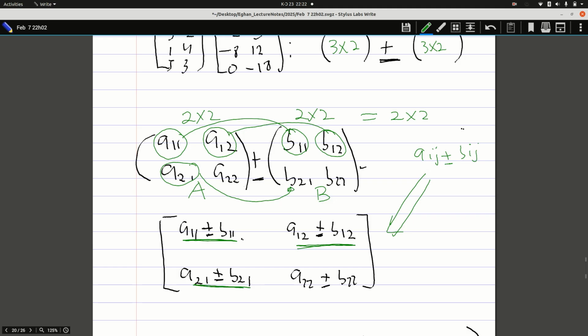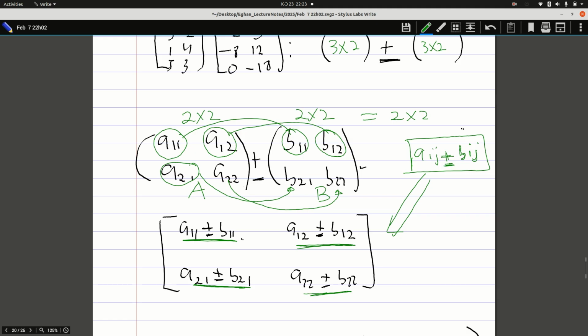And in the last term, take this one. So this is how we add or subtract matrices, term by term. Don't forget this preamble here, aij plus bij, or aij minus bij, and that is all.